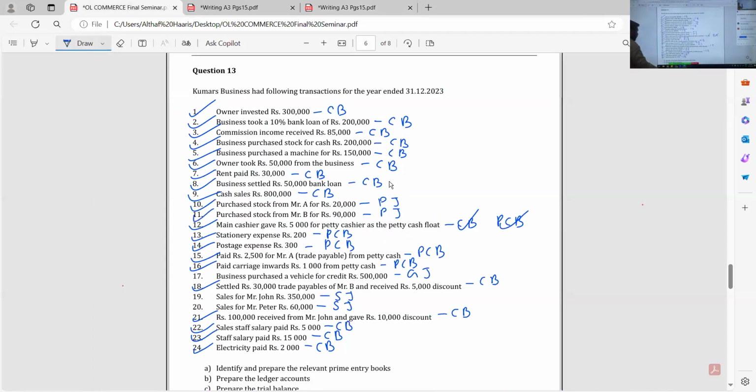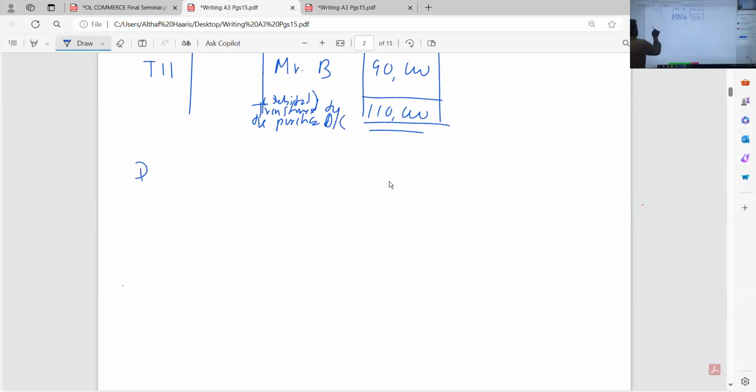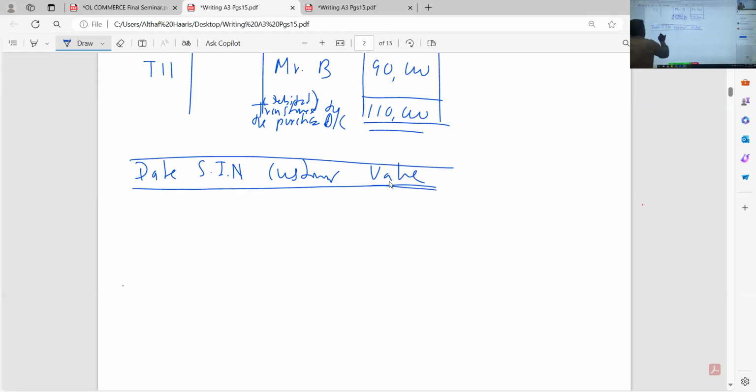Last prime entry book. Sales. John and Mr. Peter. Sales journal. Date, sales invoice number, customer, and the value. Here, sales journal.